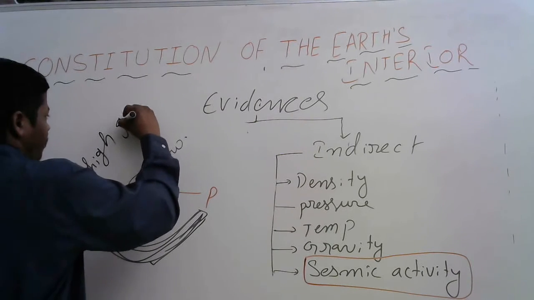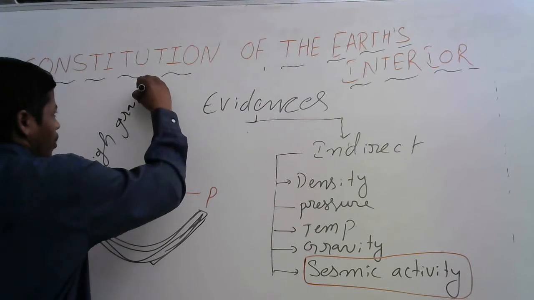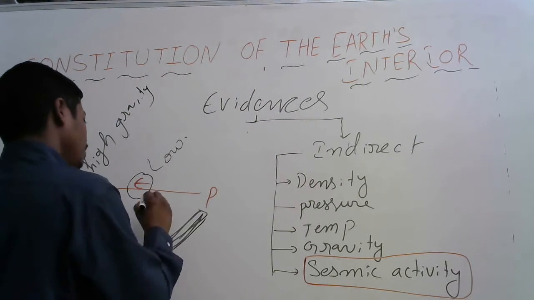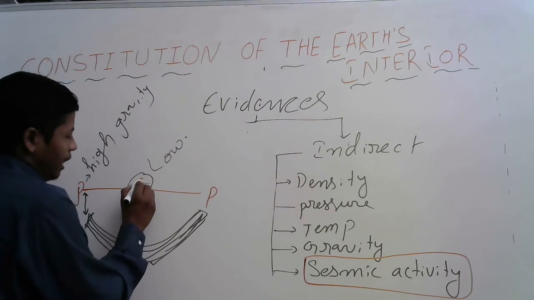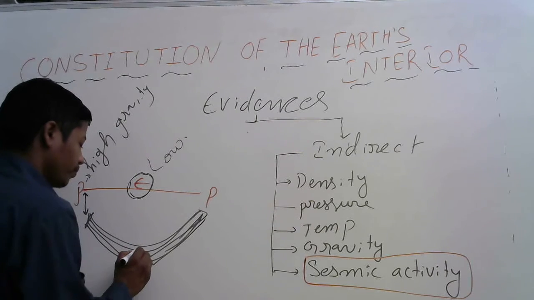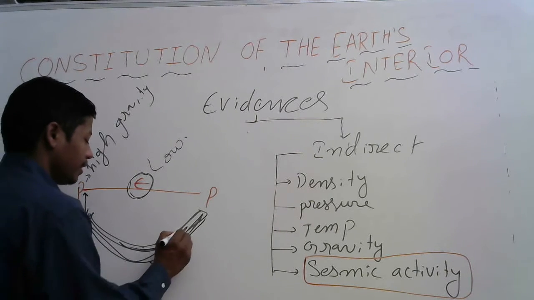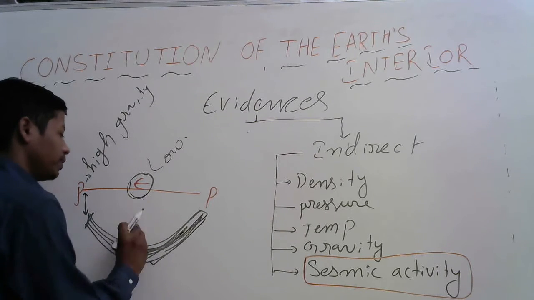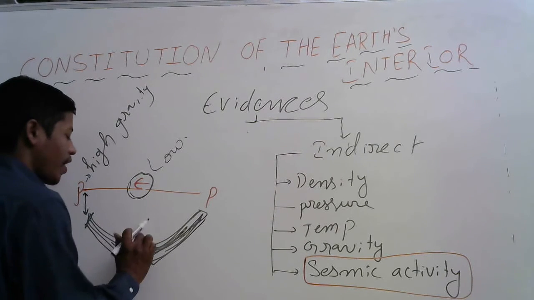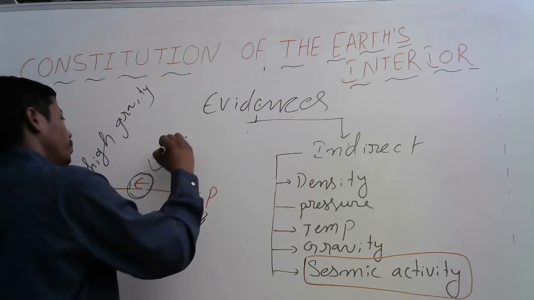The distance from the earth equator to the molten material in the earth interior is high, so gravity is low.